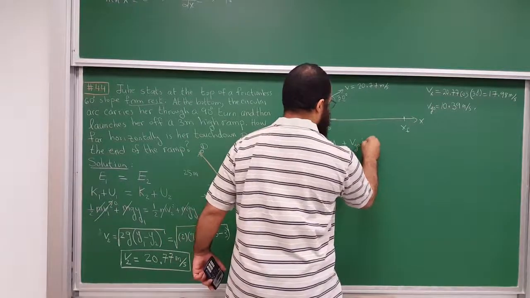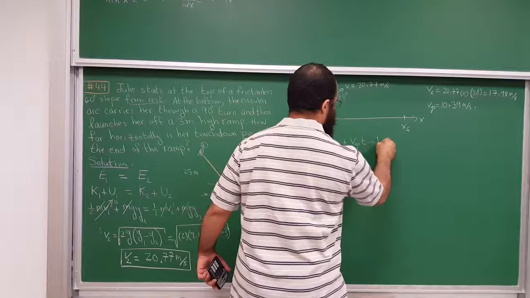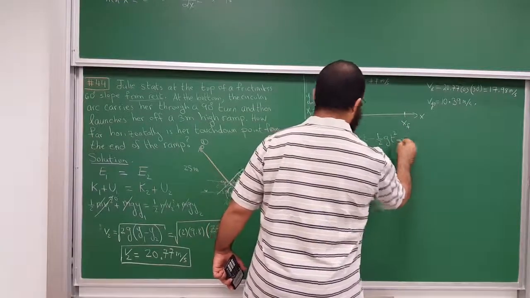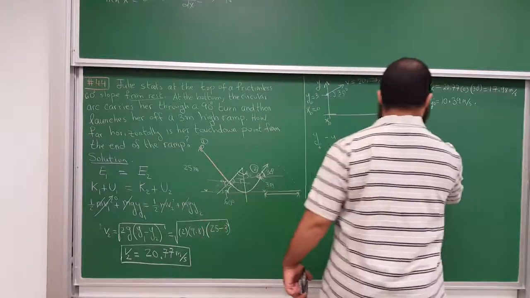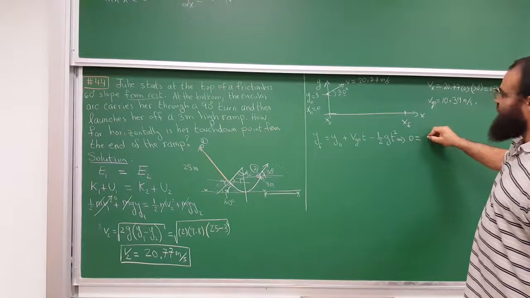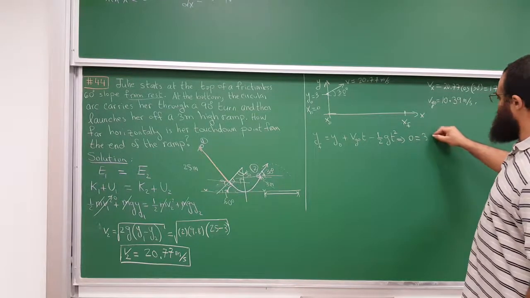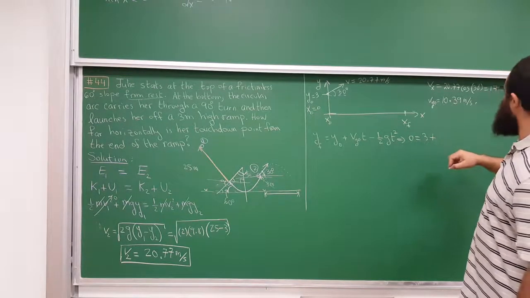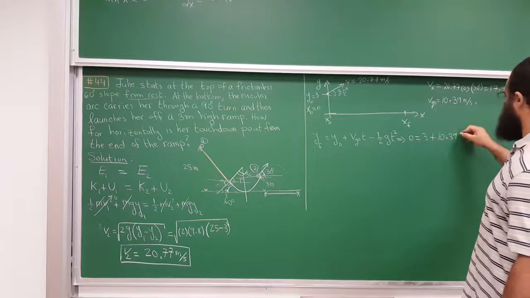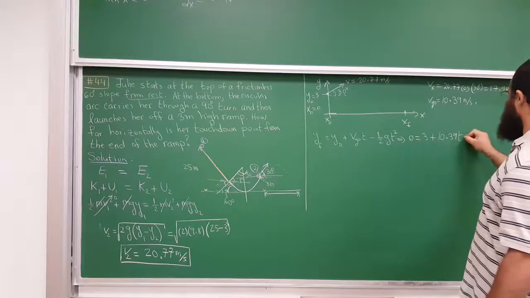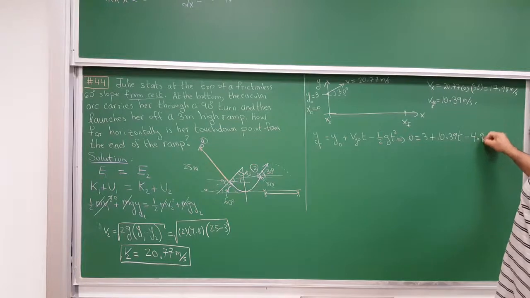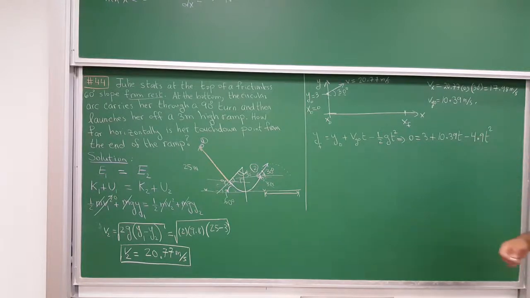So vy initial times the time, and then minus 1/2 gt squared. So I get y final is 0 because it falls to the ground. y initial is 3 plus the initial velocity in the y direction, 10.39 t, and then minus half of 9.8, which is 4.9, t squared, and we have to solve for t.